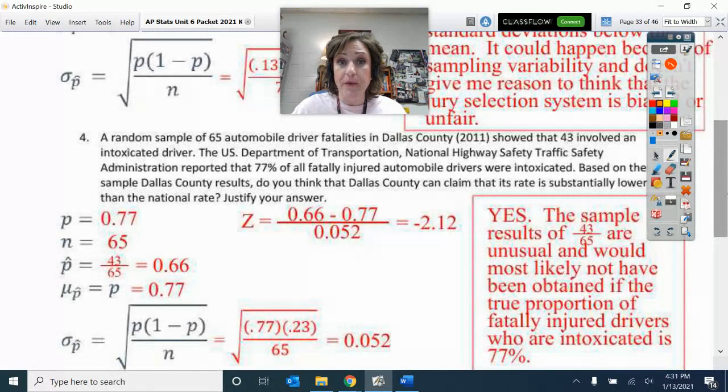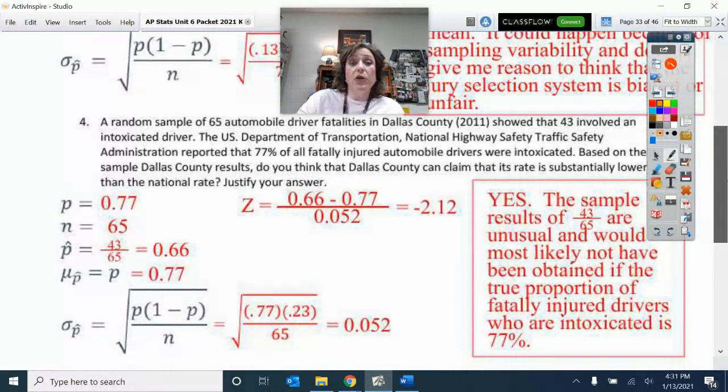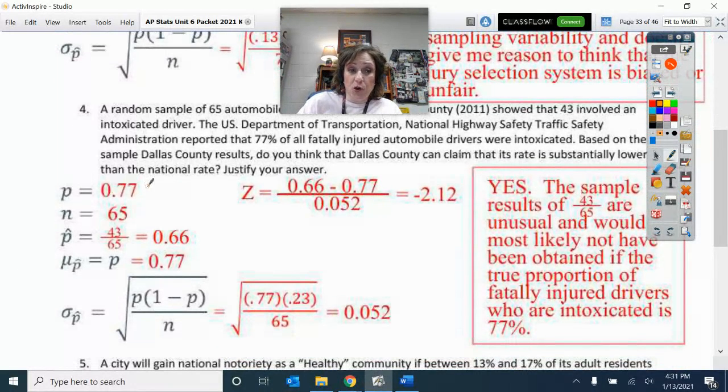fatally injured automobile drivers. So out of all of the drivers in an accident who died, what proportion of them were intoxicated? Okay. So currently, we were told that the current rate of death due to intoxication of the drivers was 77%. Well, Dallas County gets this sample, and this sample just had 43 out of 65.